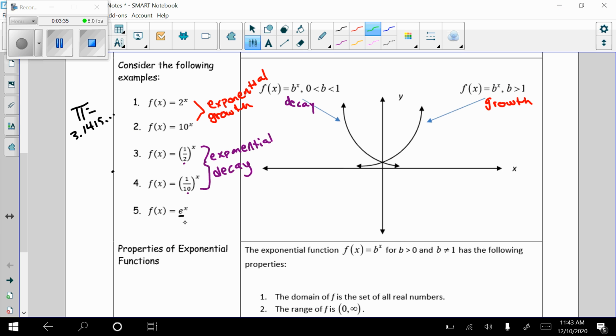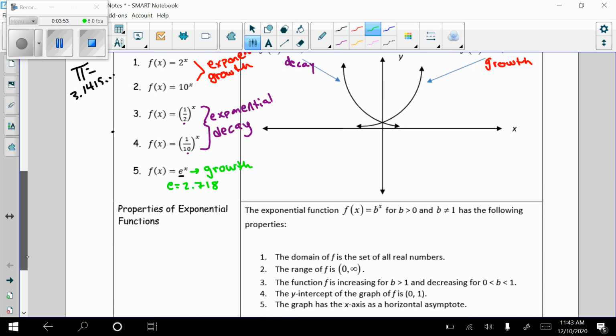So since e is 2.718, this is growth. It falls under that category. It doesn't have to be a whole number to fall under the category of growth. It just has to be greater than 1.